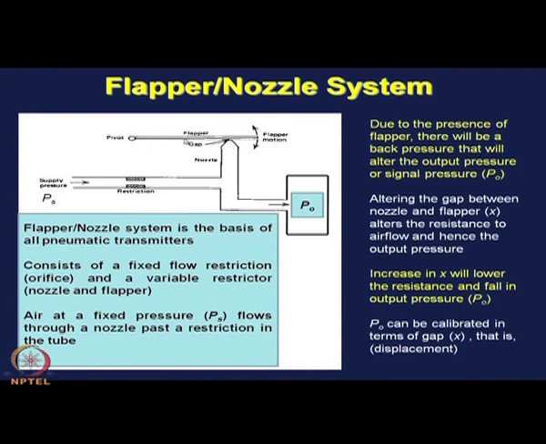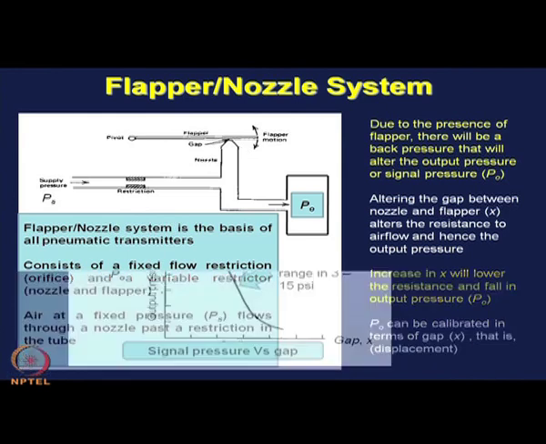Because of the presence of the flapper, a back pressure will be developed, and as the gap between the nozzle and the flapper changes, this back pressure will change. Increase in the gap between nozzle and flapper will lower the resistance and fall the output pressure. So, the output pressure can be directly calibrated in terms of the gap between the flapper and the nozzle, that means distance.